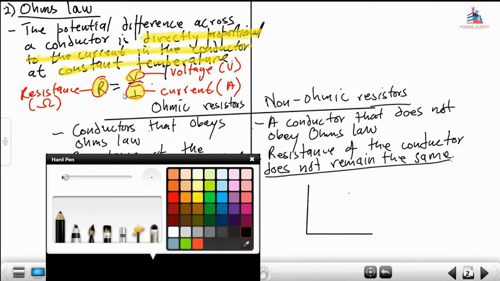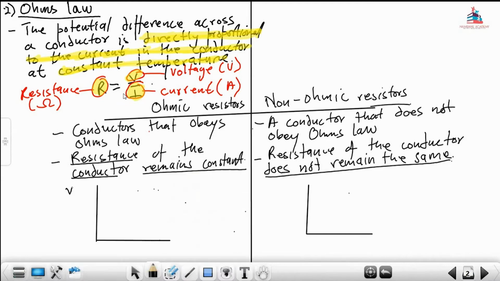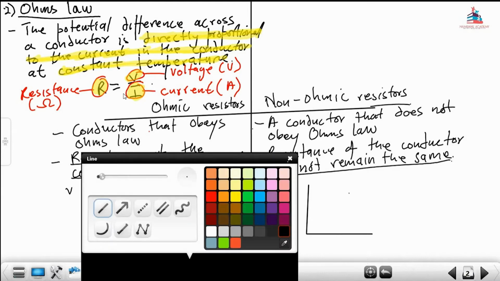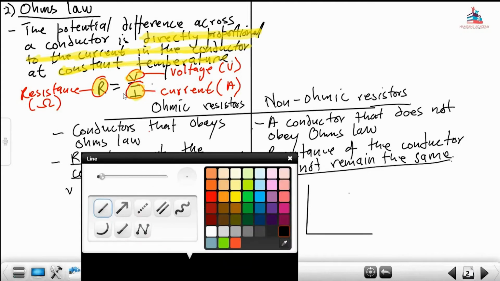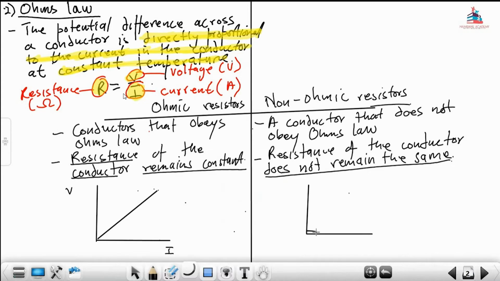The first graph that I am going to draw will be of V over I. And because they are directly proportional, it is just going to give us a straight line. But what about if I draw V over I for a non-ohmic conductor? It's going to give me something like this. And then we can move it down a little bit, so we are in a position of explaining what is going to happen.